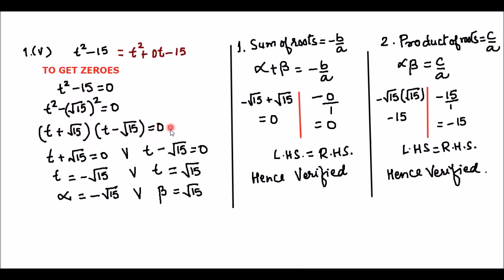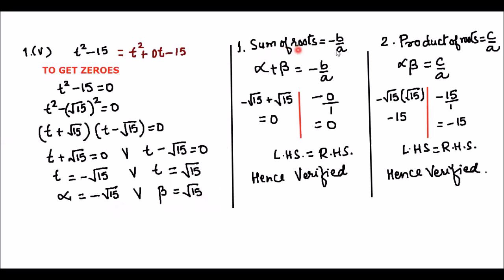Since the product of 2 is equal to 0, either of them must be equal to 0. So if you put first equal to 0, t is equal to minus square root 15, and if you put second equal to 0, t is equal to square root 15. Therefore, the first zero of the polynomial is minus square root 15, and the second zero of the polynomial is square root 15, or we can say alpha is equal to minus square root 15 and beta is equal to square root 15. Now, once again, let's verify the relation.